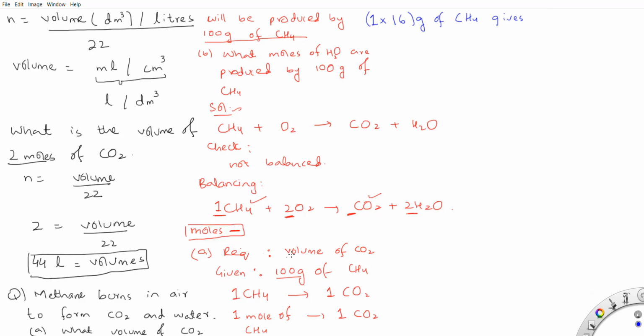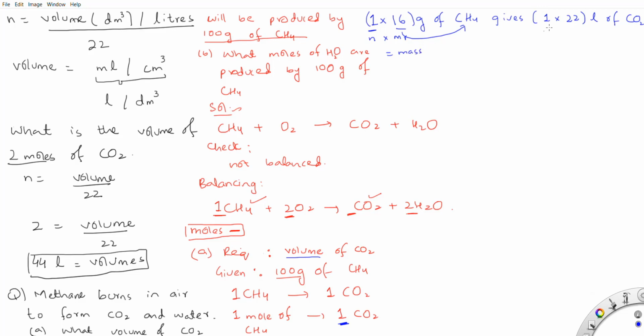required is not moles, it is basically volume. So now I can convert this mole into volume according to the calculations that we just learned previously. So this is 1 times 22 liters of carbon dioxide. I can repeat this. This 16 is the relative molecular mass of methane gas. Why am I multiplying this 16 with 1? Because this is the number of moles, this is Mr. According to the formula, n times Mr equals mass.